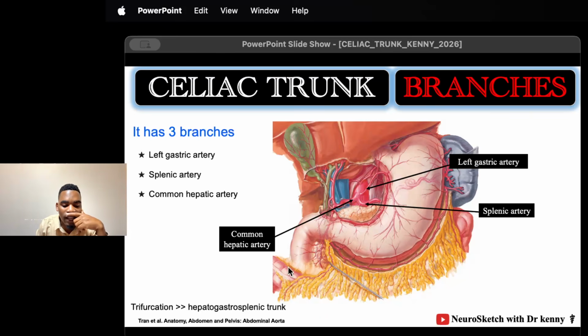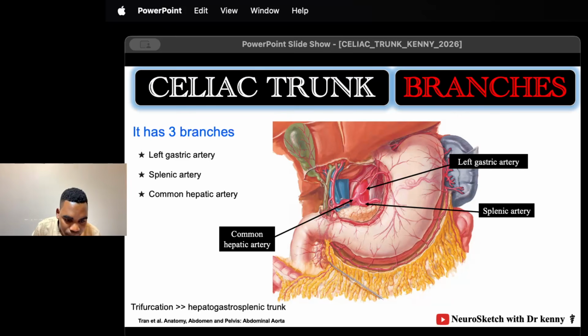Sometimes these branches come as a trifurcation: the celiac trunk is one, and then it trifurcates, giving three terminal branches at the same point. That is called a true trifurcation, and in that situation the celiac trunk is also known as a hepatogastrosplenic trunk, because it gives the hepatic branch, the gastric branch and the splenic branch at the same time.